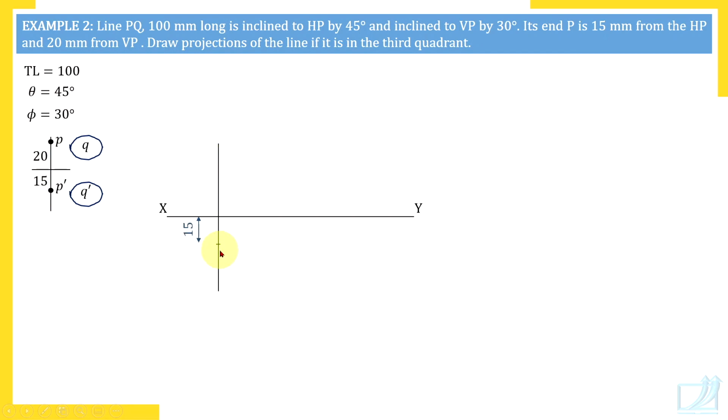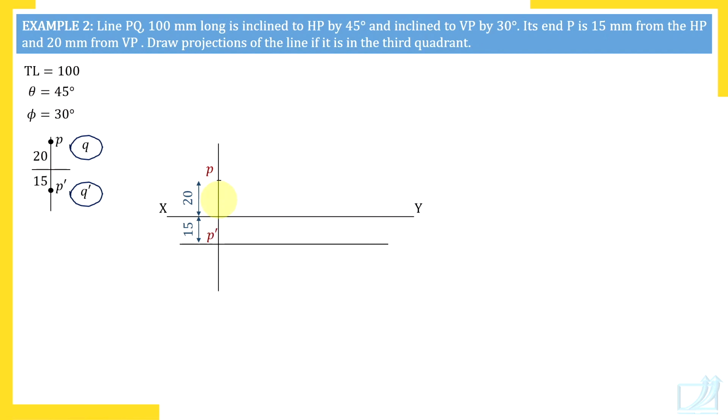Here it is front view of point P, 15 millimeters, and 20 millimeters above XY line, top view above, because point P is in the third quadrant. So this is how we have drawn projections of the reference point. So this is the procedure. Draw XY line, draw projector of the reference point, mark front view and top view of the reference point. Then through all labeled points there must be horizontal and vertical lines.